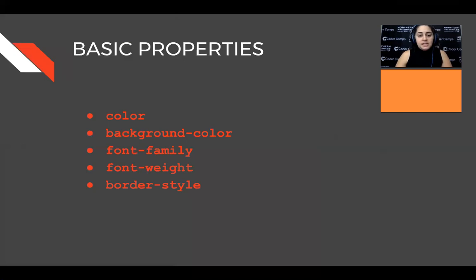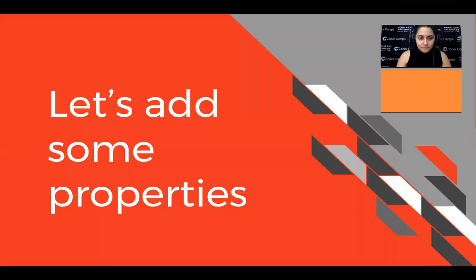Font family is the font style of it, so that's like sans serif, Comic Sans, things like that. We have font weight, which is going to be the thickness of the font, and border style. So let's say you wanted to add a border, border style is going to be like dashed, dotted, solid line. Those are your basic properties that you'll be dealing with.